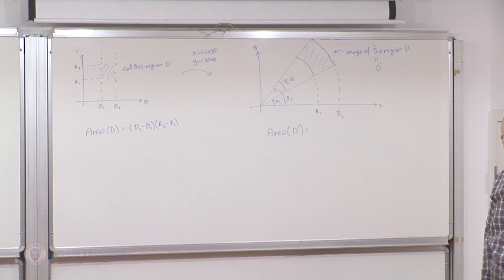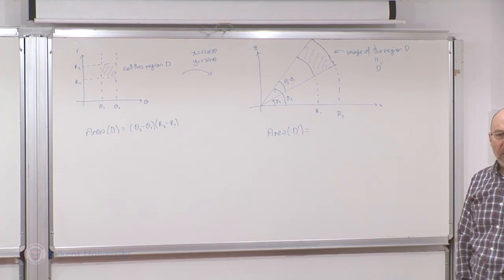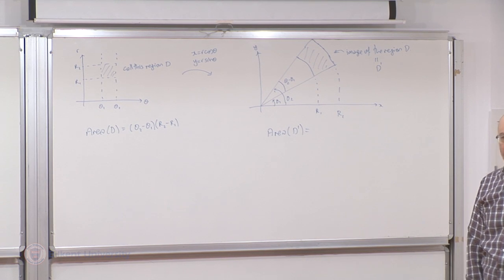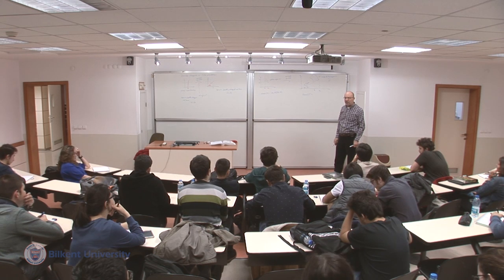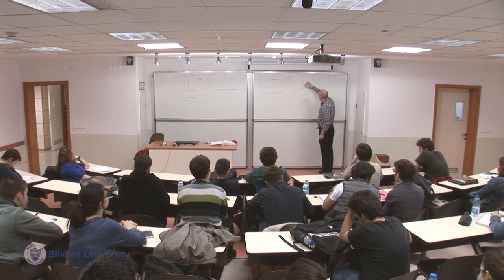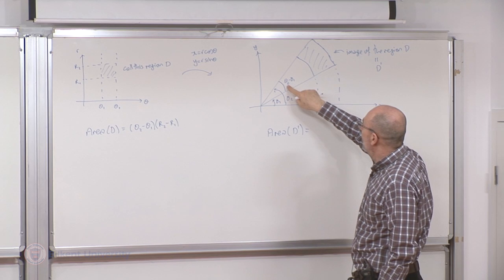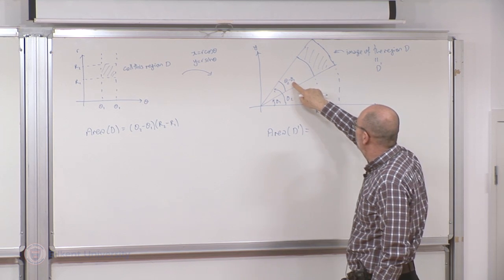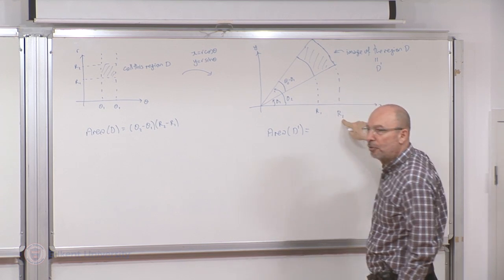We remember the area of a circle, pi r squared. The whole angle of the circle is 2 pi. So in order to find the area of a sector, you take the angle, divide it by 2, and multiply with the radius squared. So the area of this is theta 2 minus theta 1 over 2 multiplied by the radius squared. Radius is r2 squared.